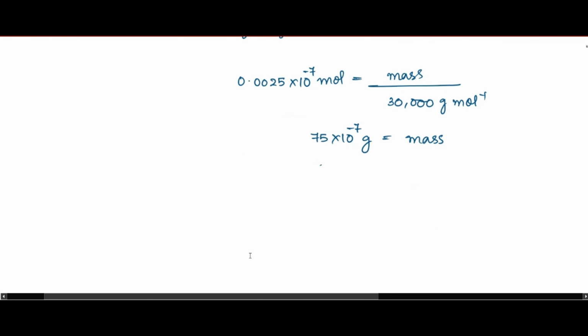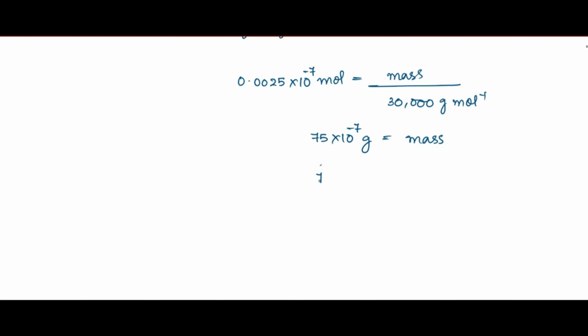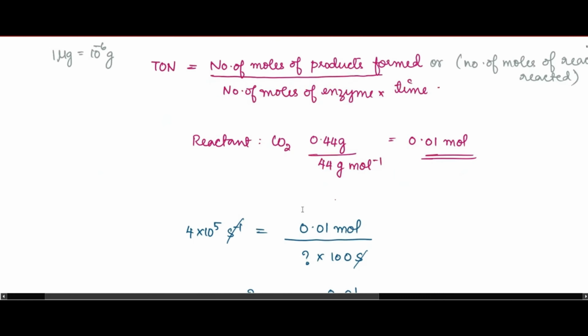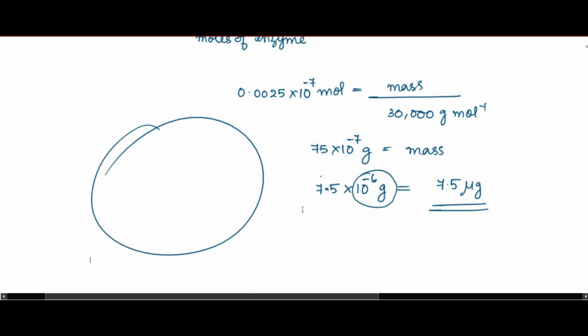You need it in microgram. Right? Which means 7.5 into 10 to the power minus 6 gram. They are both the same. So 10 to the power minus 6 grams is one microgram. So I can write it as 7.5 microgram. Option A.